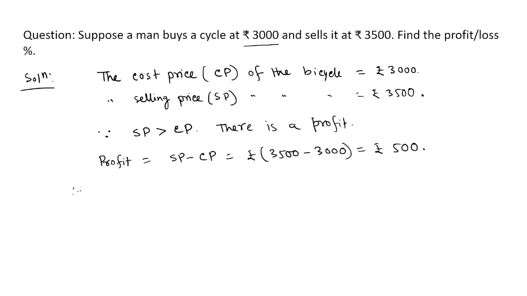So, profit percent equals 500 divided by the cost price, and the cost price is 3000. Okay. So, 3000 into 100%. Now, we have to simplify it.